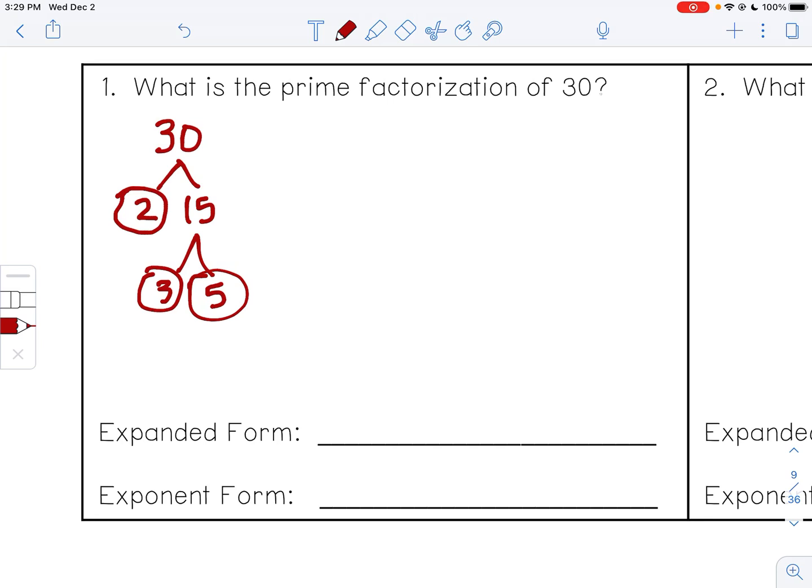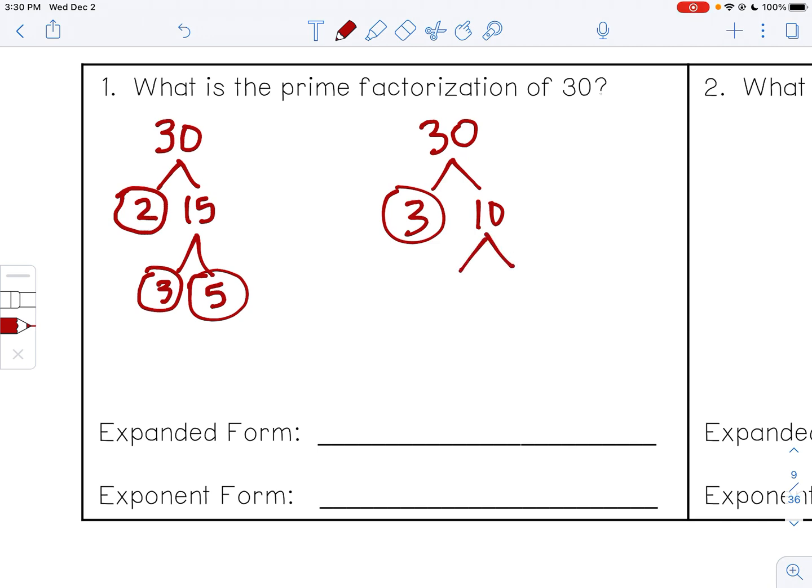Well, let's try it. So I have 30. And what if you wanted to use 3 and 10? Because, again, there are multiple ways to get to some of these numbers, and 3 times 10 is one of those ways. So is 3 a prime number? That answer is yes, so I'm going to circle it. Now let's look at 10. Is 10 a prime number? No, it's not.